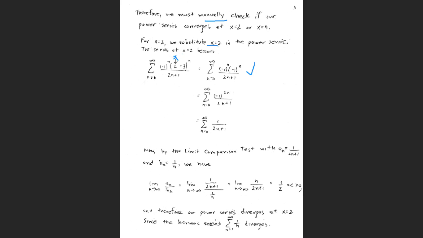Okay, and I'll make a comment over here. We have negative 1 to the nth times negative 1 to the nth power. Negative 1 to the nth times negative 1 to the nth is equal to negative 1 to the n plus n power, because we add the exponents. So that's negative 1 to the 2nth power.